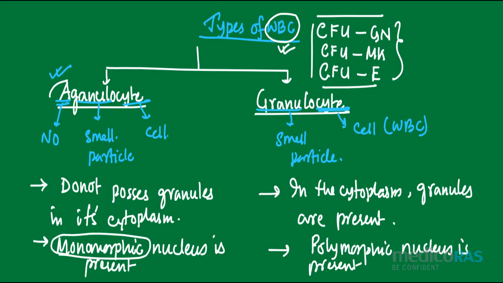So we need to see these two terms separately, and check how we consider something monomorphic and why we consider something polymorphic. The term mono stands for single, whereas morphic stands for morphology, or external structure, or appearance.